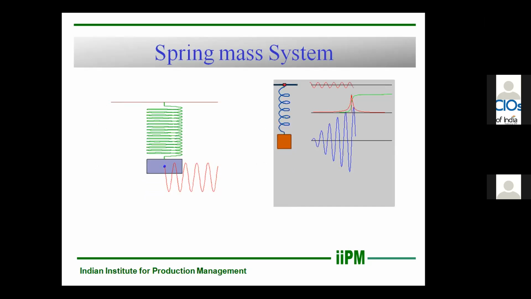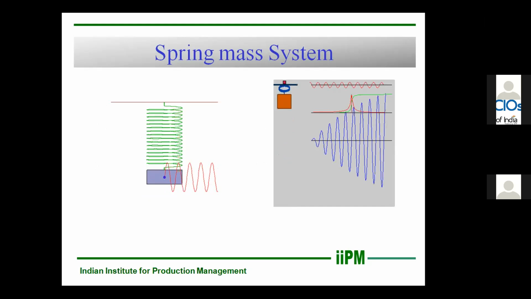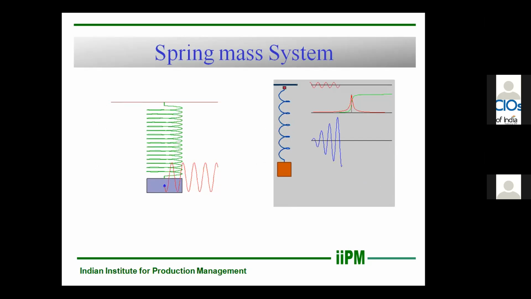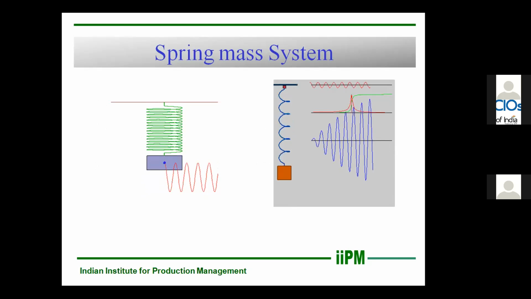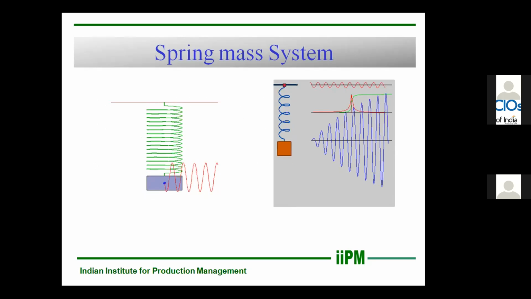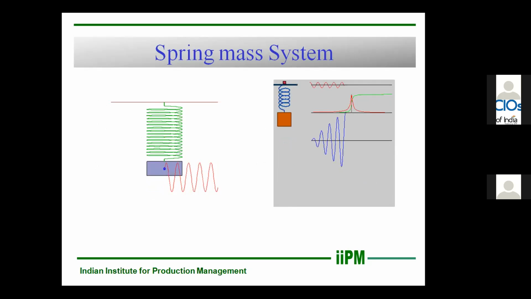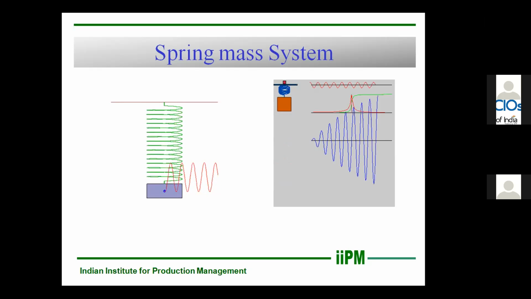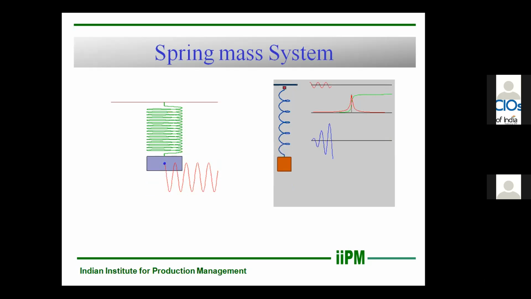Before starting to understand the characteristics of vibration, you should have a simple example of a spring mass system, because whatever time waveform the sensor or the instrument is generating, it all depends upon the spring mass, because the theory of vibration follows the path of simple harmonic motion.